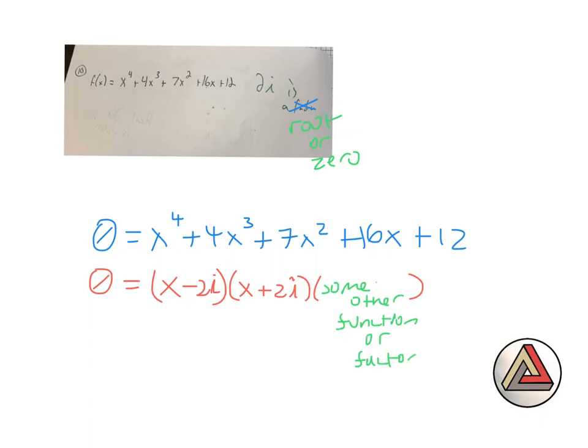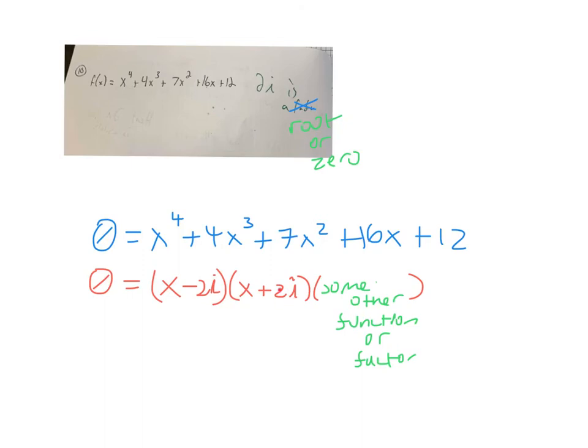And the bottom line is, when you multiply this times the other thing that we don't know yet, it would end up equaling this. All right. So if we want to find the other zeros or the other roots in general, we would have to figure out what this thing is, because we already know that 2i is a root.